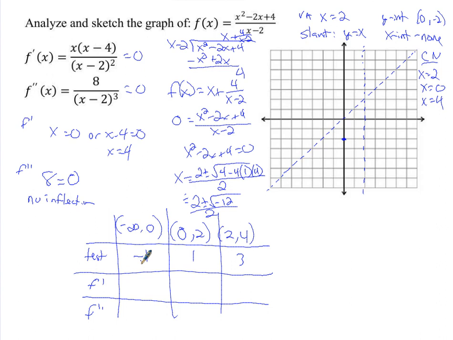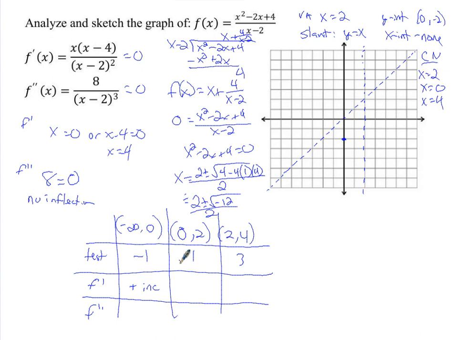Take negative 1, plug it into the first derivative. Notice that the denominator will be positive always. The numerator, negative 1 minus 4, is negative 5 times negative 1. So we have a negative times a negative, which is positive, divided by a positive. So the first derivative in this case is positive, which means we are increasing.